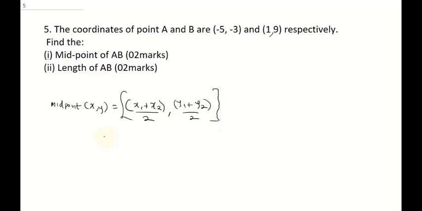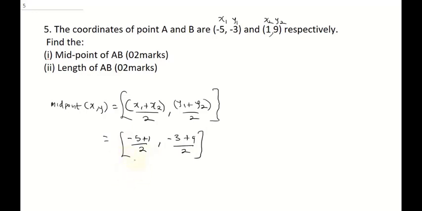Okay, so in order to evaluate this, this is our x1 and this is our x2, this is our y1 and this is our y2. So this is going to be minus 5 plus 1 all over 2, comma, and this will be minus 3 plus 9 all divided by 2.